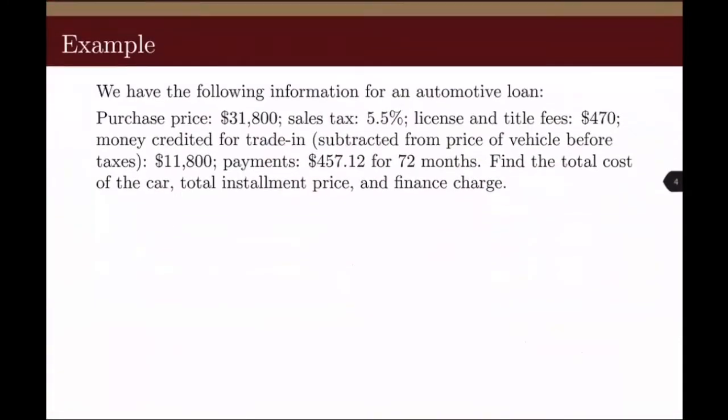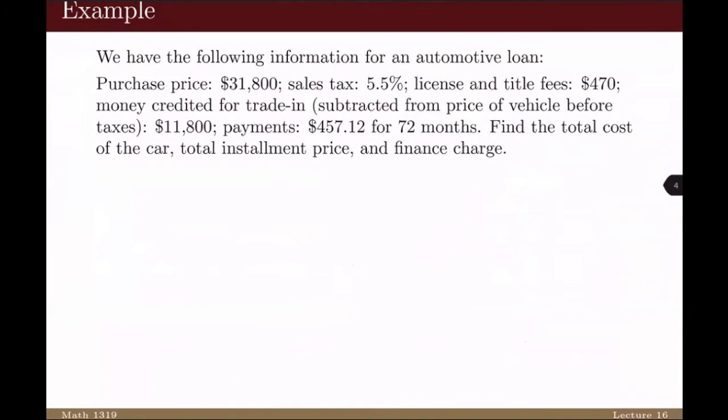Moving on. So now we have the following information on an automotive loan. Purchase price $31,800, sales tax 5.5%, title fees $470, money credited for trade-in was $11,800, and our payments were $457.12 for 72 months.